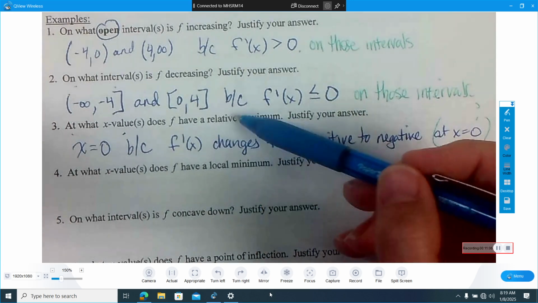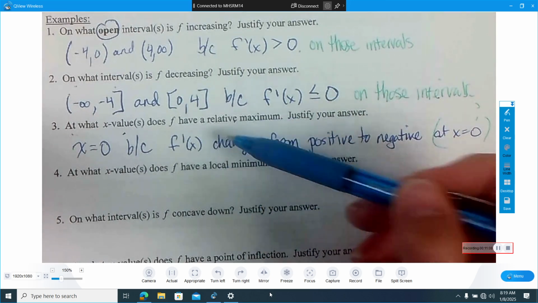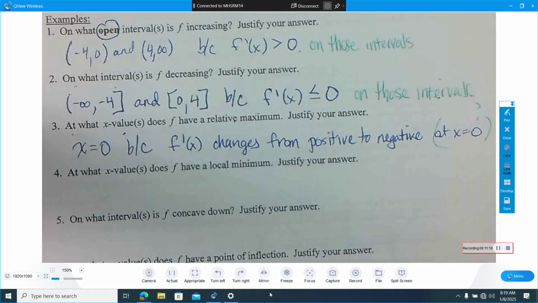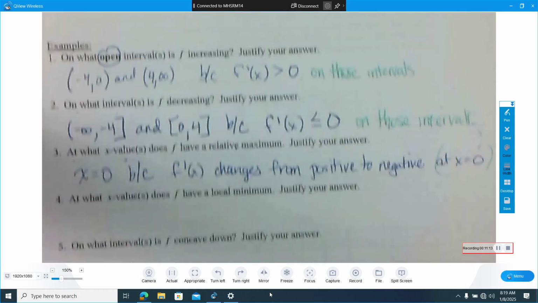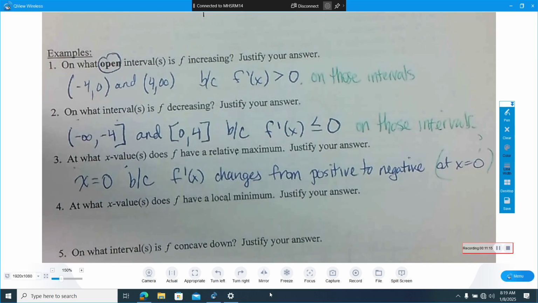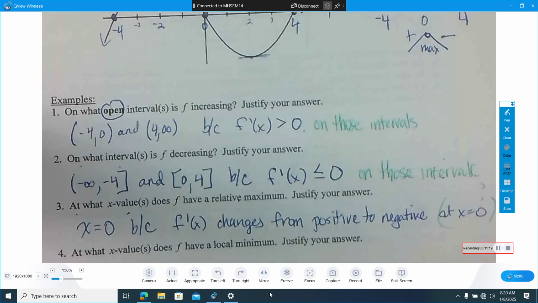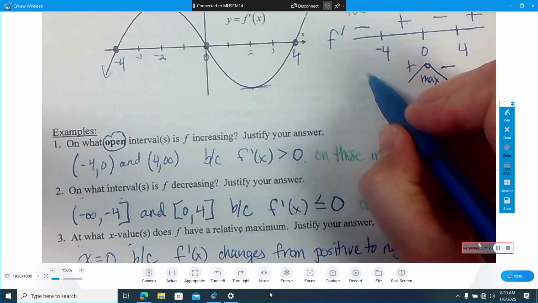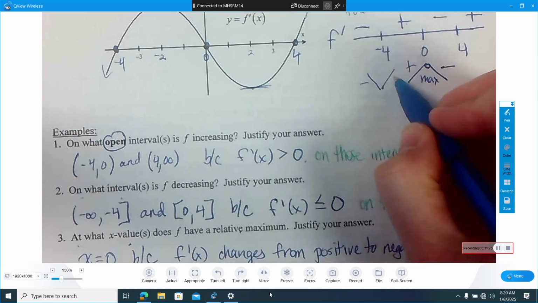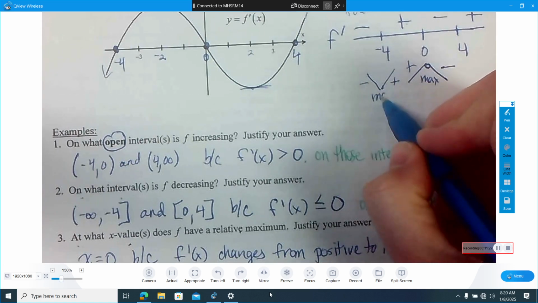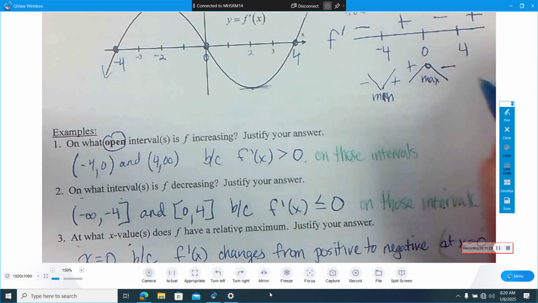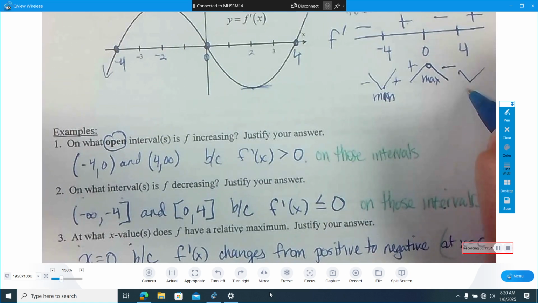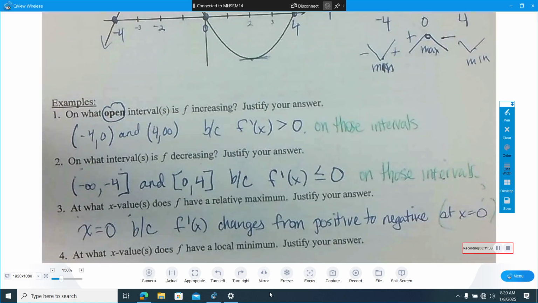Same thing. You'll notice Gary changed the word relative to local. They are the same. So where do we have a local minimum? Yeah, plus or minus 4. So once again, we're going from decreasing to increasing slopes. So that would give us a minimum. Decreasing to increasing, again, another minimum. All good things to keep in mind.